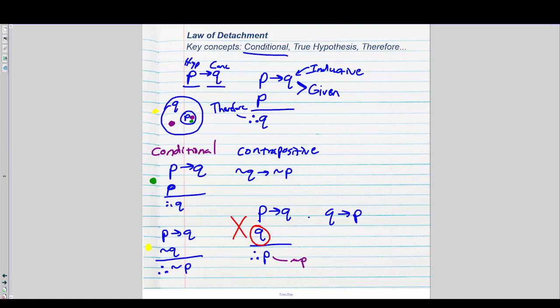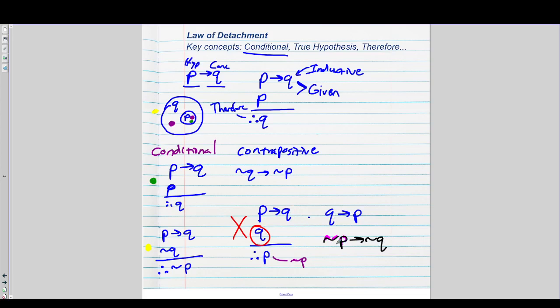Likewise, if we look at the inverse, let's do the inverse in this weird color. So the inverse was not P. Oh, it's broken line. Let's not do that color. Let's do this purple color. We already kind of did that color. Let's just do black. So the inverse said not P, then not Q. So this one, just like the converse, is not logically equivalent to our original statement.